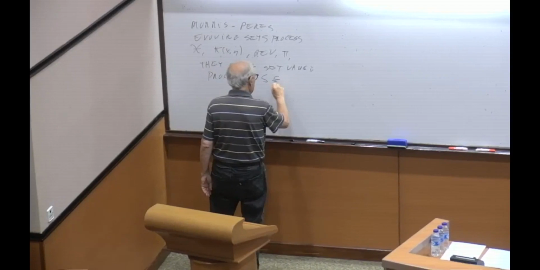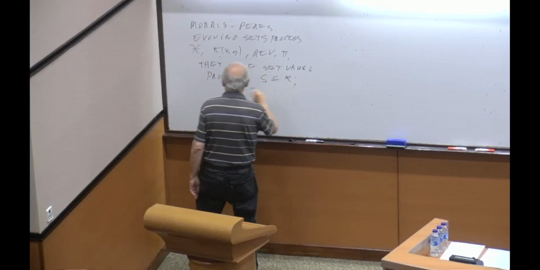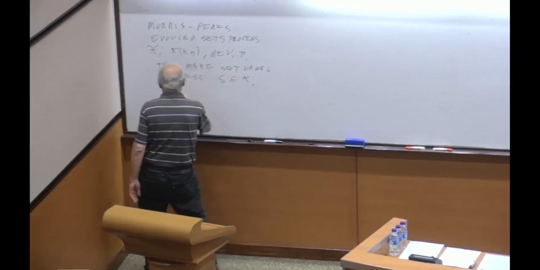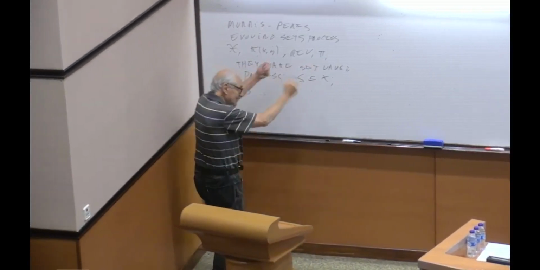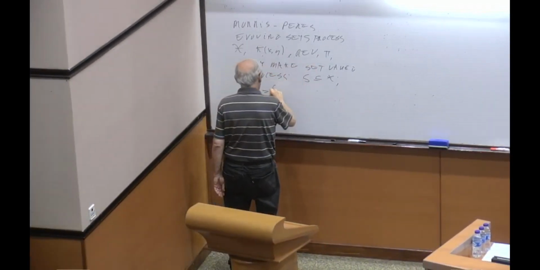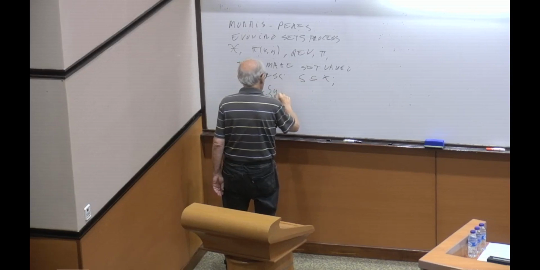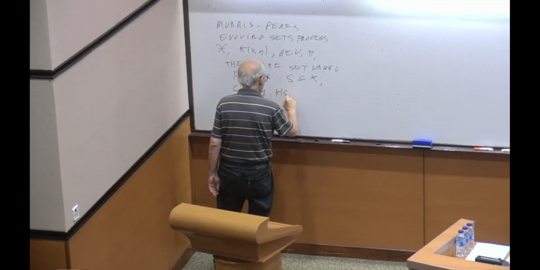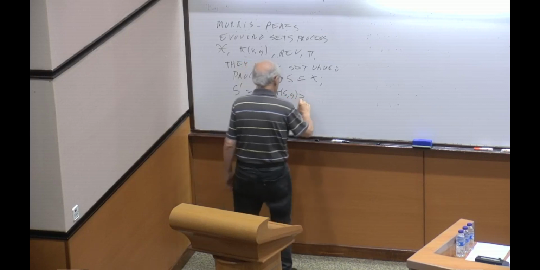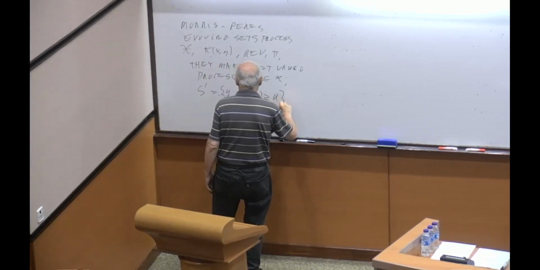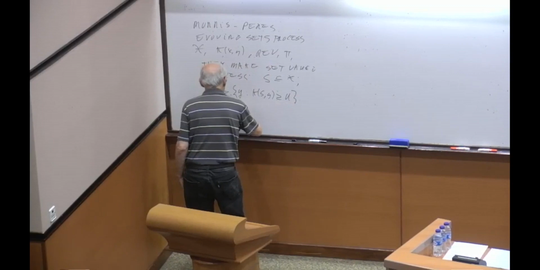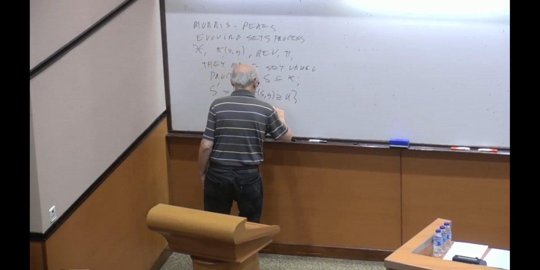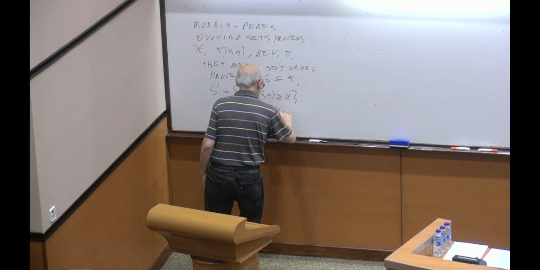If S is a subset of the state space, the next step S prime is equal to the set of all y such that the chance of getting from S to y in one step is bigger than or equal to u, where u is uniform on [0,1].